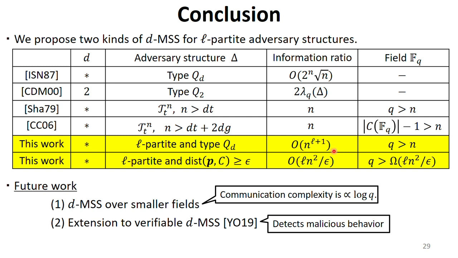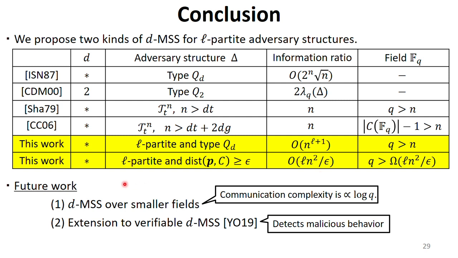So this is much more efficient than the generic construction. And the second scheme is applied to L-partite adversary structures satisfying this geometric condition, but it achieves better information ratio than the first scheme if epsilon is not very small.